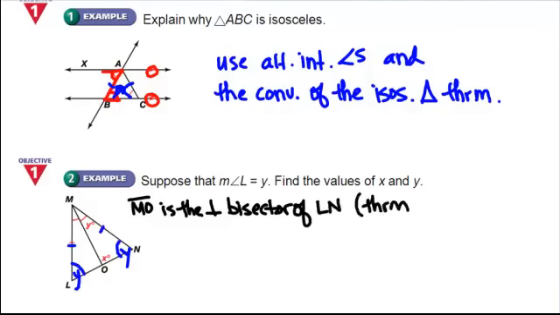That comes from Theorem 4.5. Well, this is very helpful because I now know what the value of x is. x has to be 90 degrees.